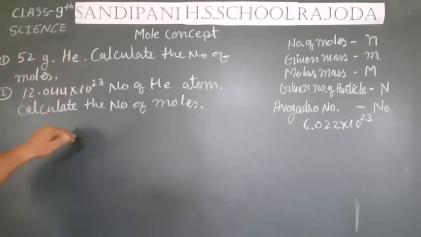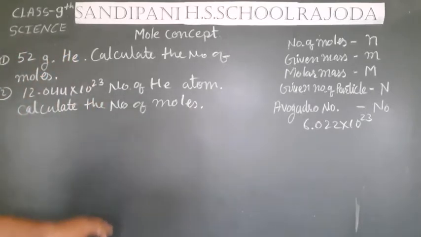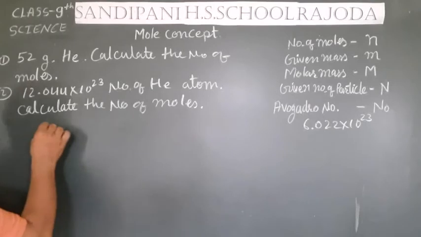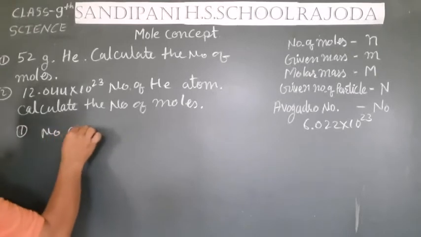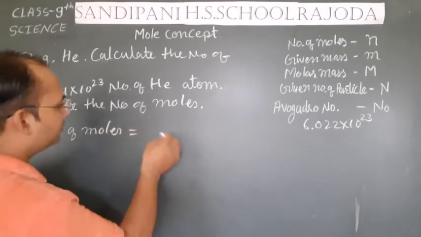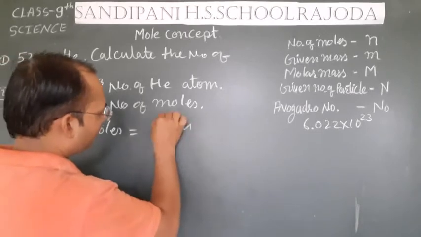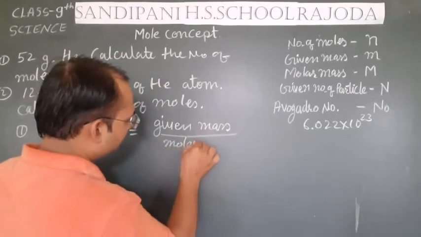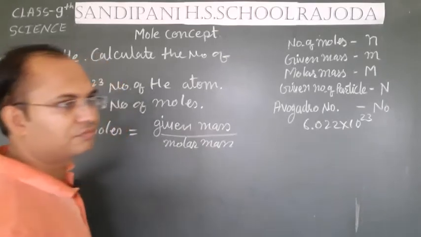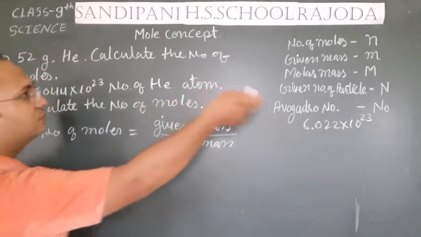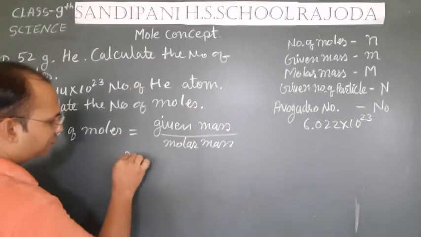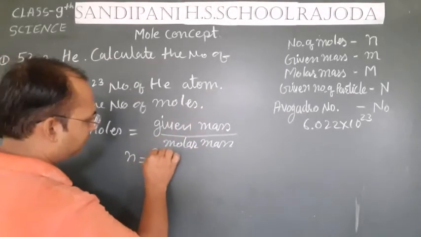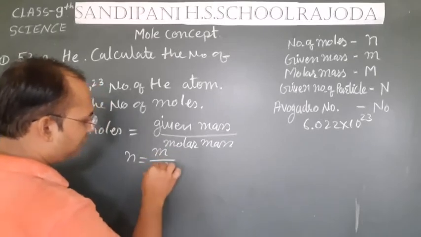So, in order to calculate the number of moles, number of moles is equal to given mass upon its molar mass, or in short, number of moles represented by small n is equal to given mass represented by small m upon capital M.